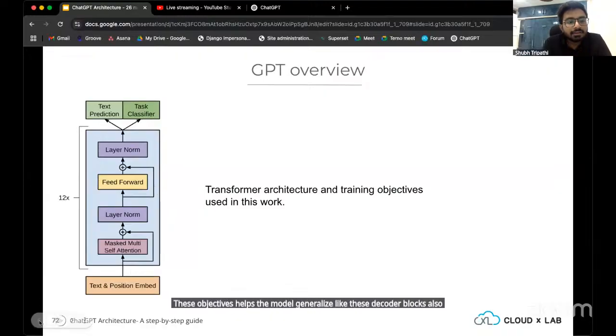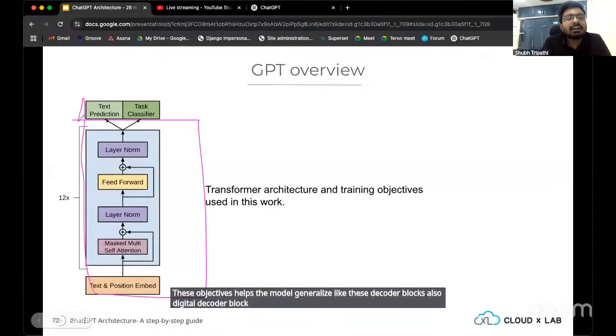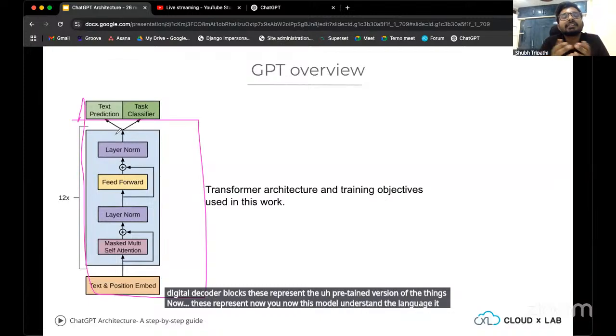Suppose these decoder blocks represent the pre-trained version. Now this model understands the language. It understands the grammar and the structure. So you can use it for any task.